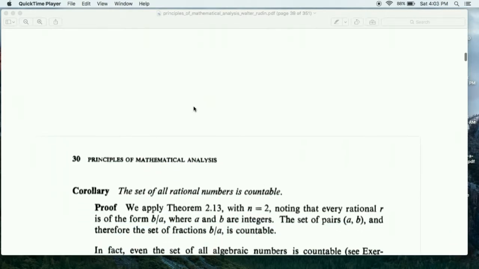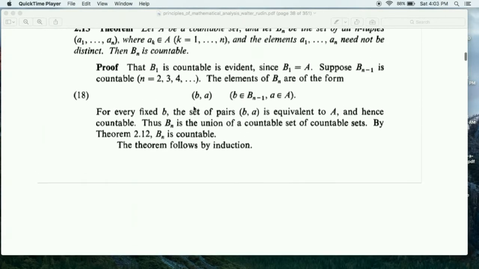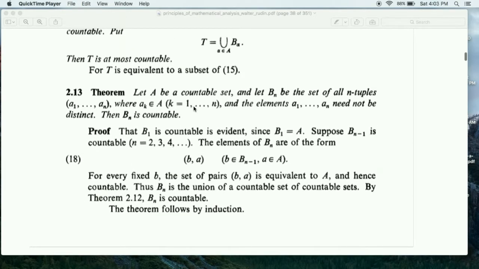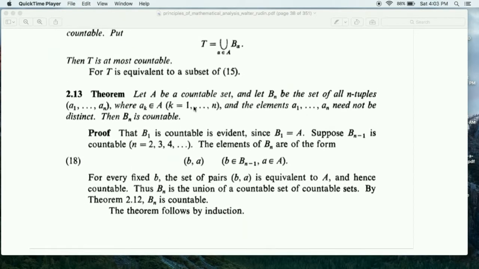So this theorem is very important. If I take a Cartesian product of countable sets, then that product is countable. This theorem will give me that the set of rational numbers is countable.